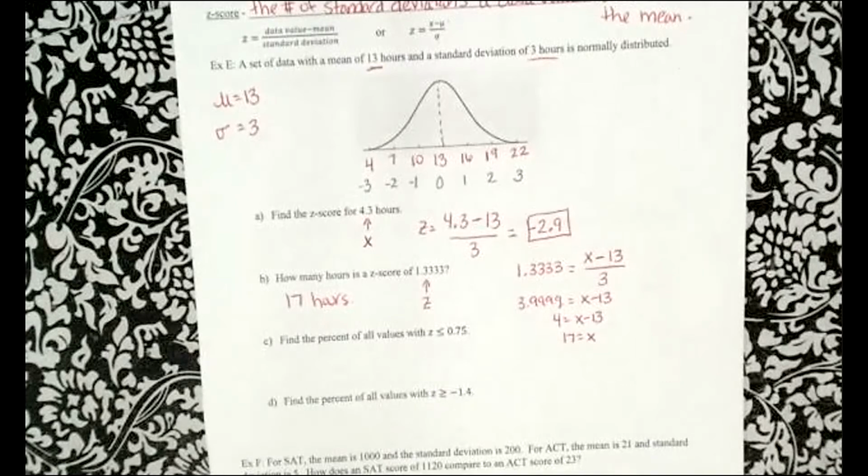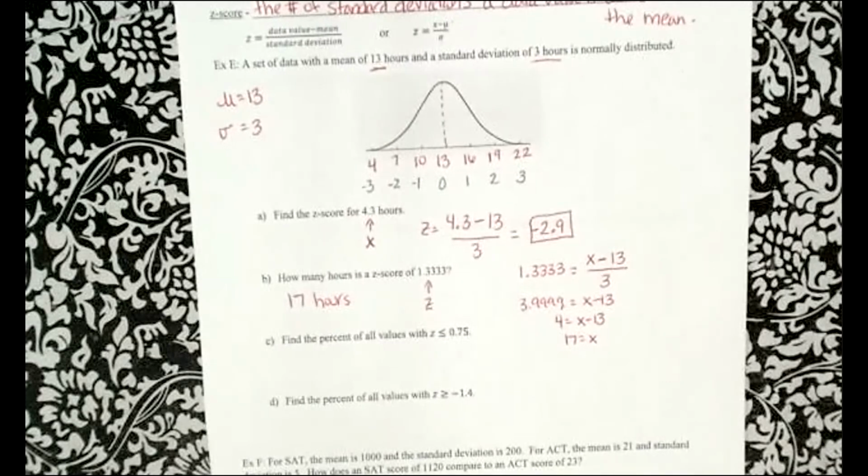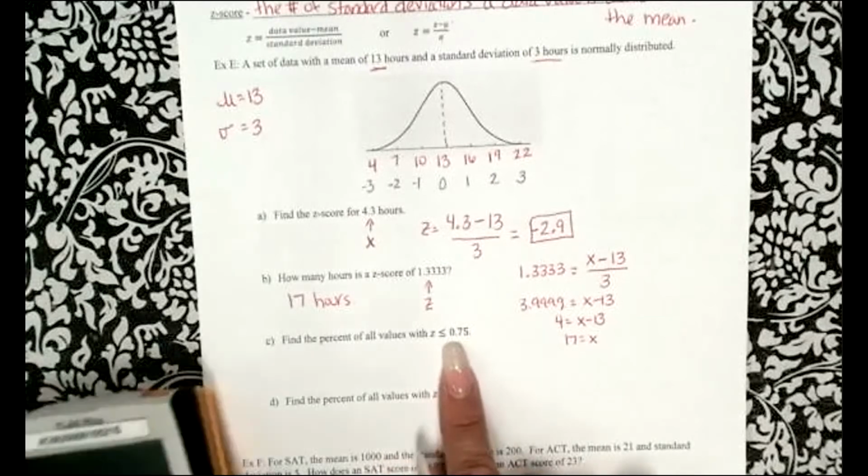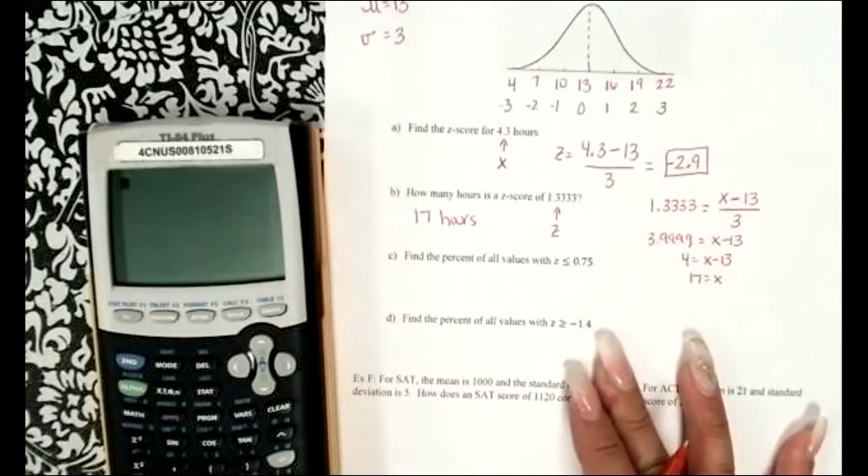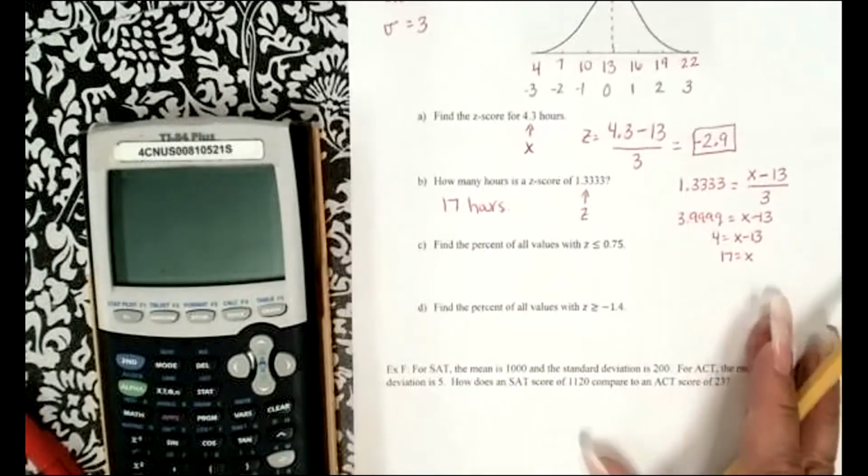Now we want to find out what percent of all the data will have a Z-score of less than 0.75. I'm going to show you how to use this on the graphing calculator, and then I will show you how to do it on Desmos. So on the graphing calculator, I'm going to write the steps on the left side.